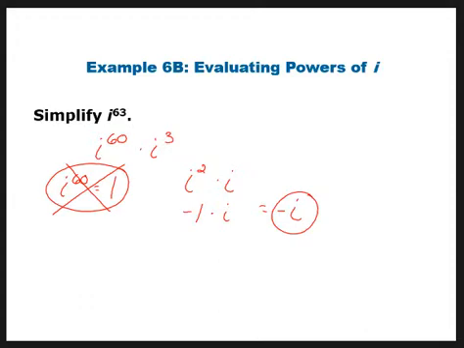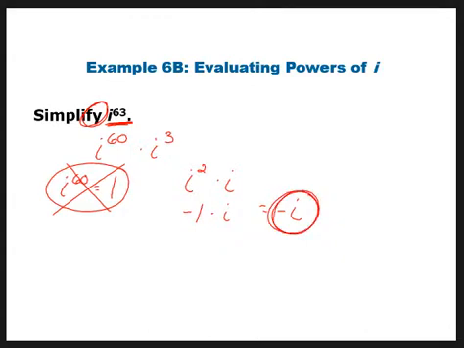Now again, when you're doing these, you just want to remember, you're either going to get 1, negative 1, i, or negative i. Those are the only possible answers you can get when you're simplifying an i that's raised to a power. Now, if there's another number out front, you would just take whatever you get and multiply by that number.